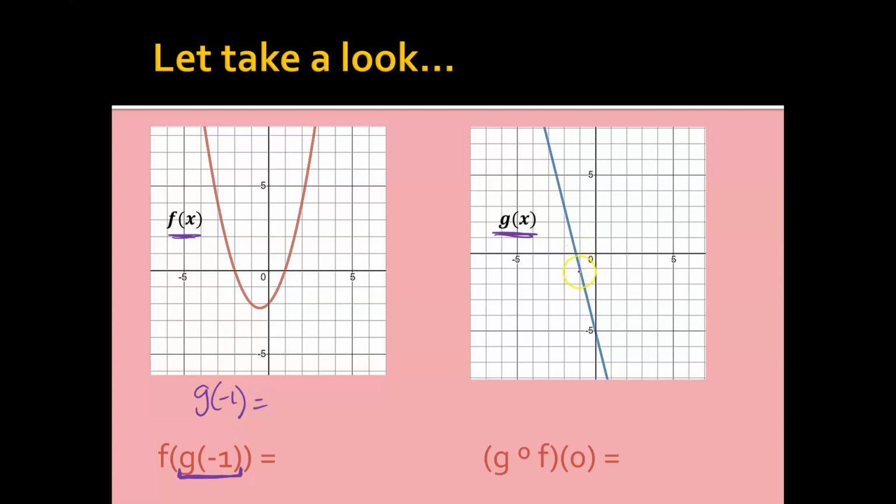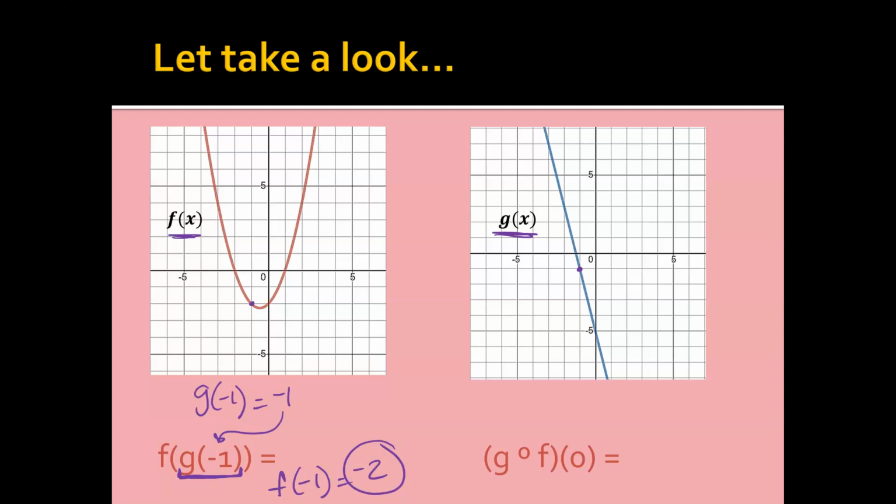So when x is -1, y is also -1. So I'm going to replace that with -1, and now I'm looking for f of -1. So when x is -1 over here, y is -2. And that's your answer. Okay?